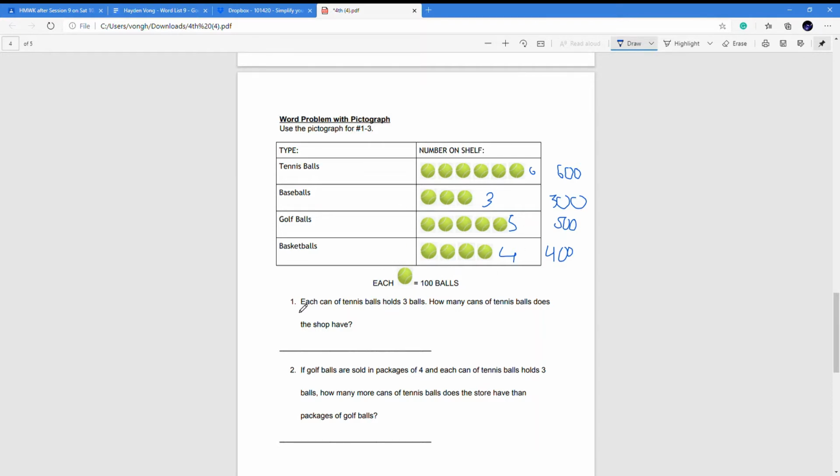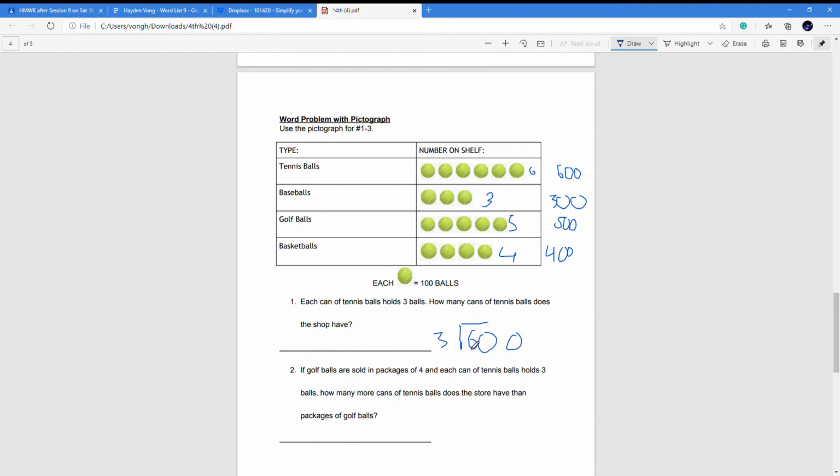Now it says that each can of tennis balls can hold 3 balls. How many cans of the tennis balls does the shop have? Basically, this is their whole inventory, and we know that they have 600 tennis balls. So we have to divide 600 by 3.